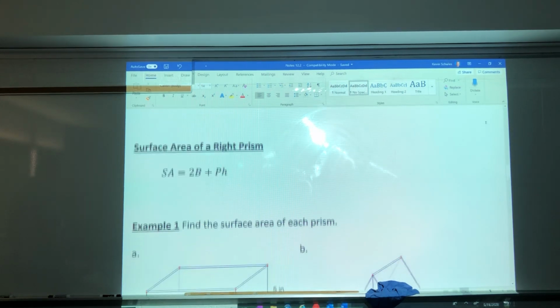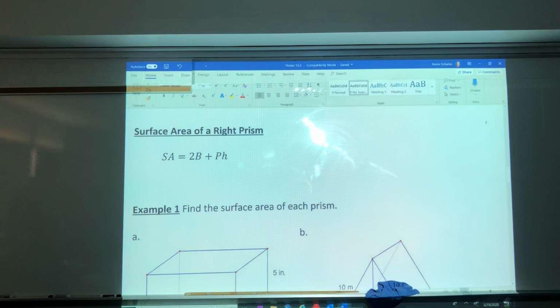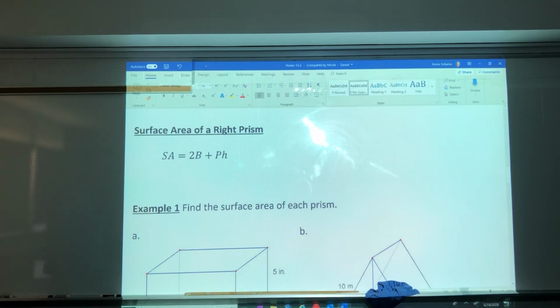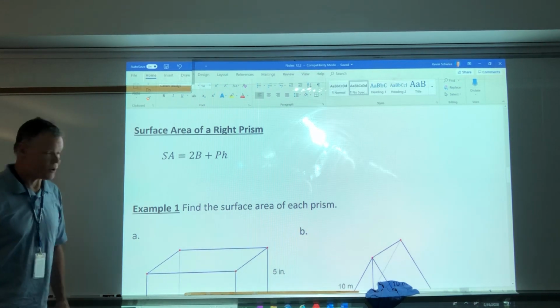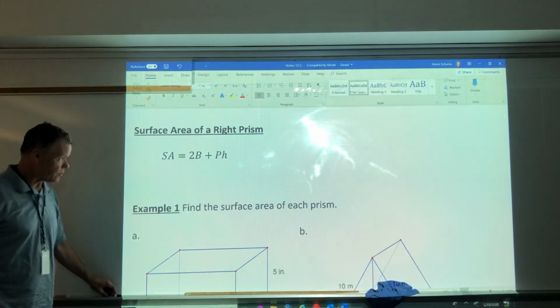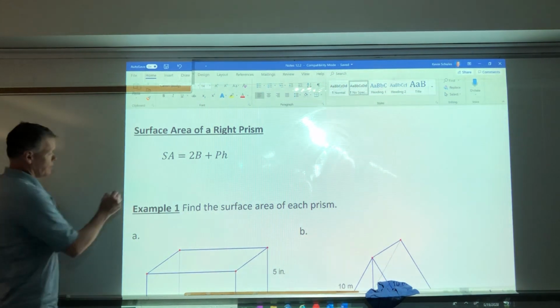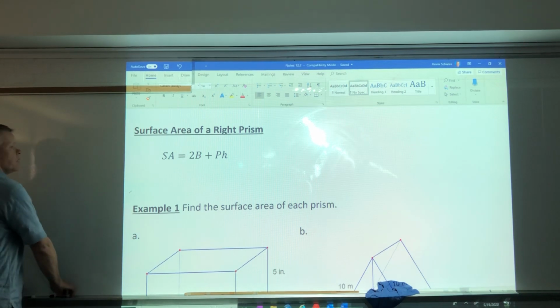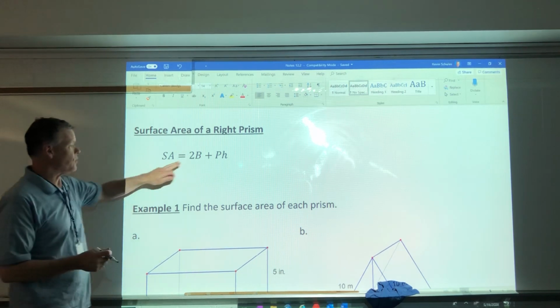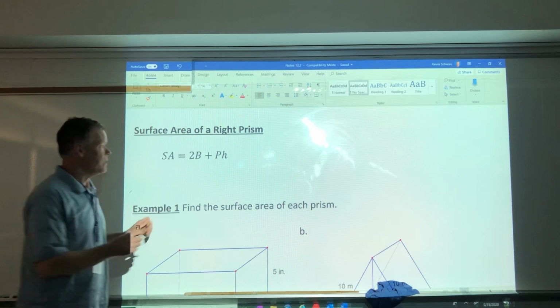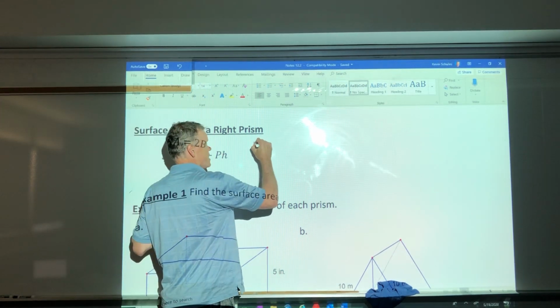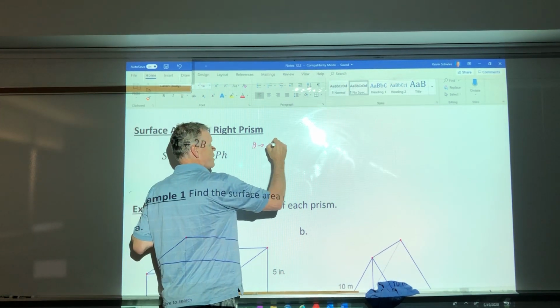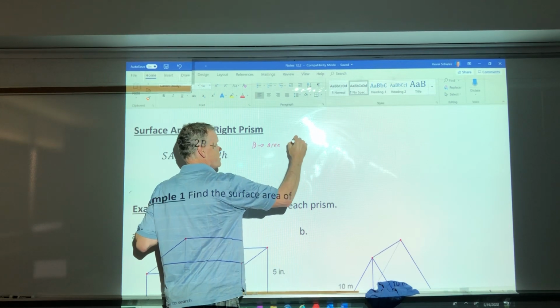And there is our formula that we're going to use today. We're talking about rectangular prisms. When we're looking at this, our surface area is just going to be 2 times the B. Big B is the area of the base.